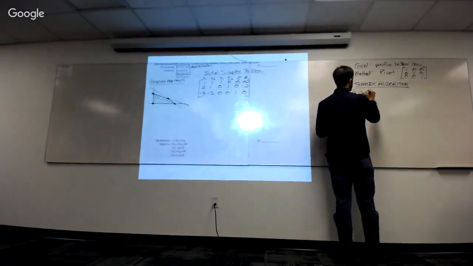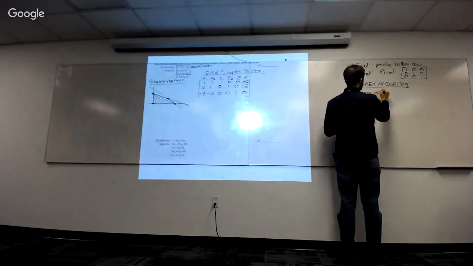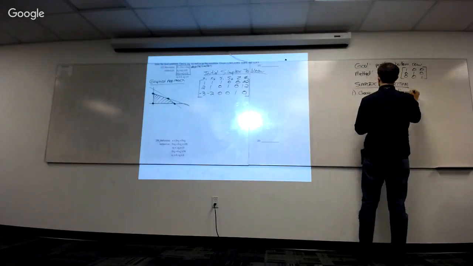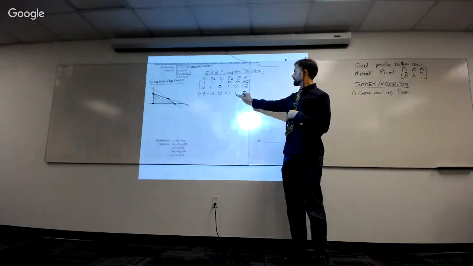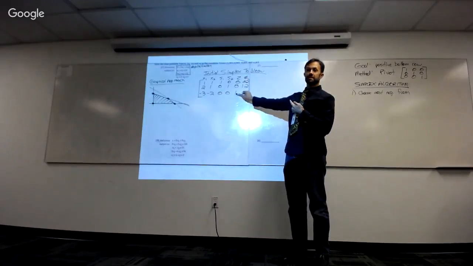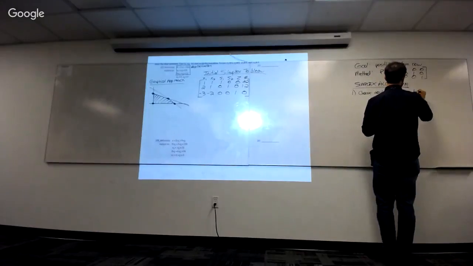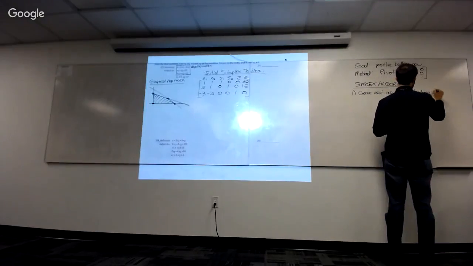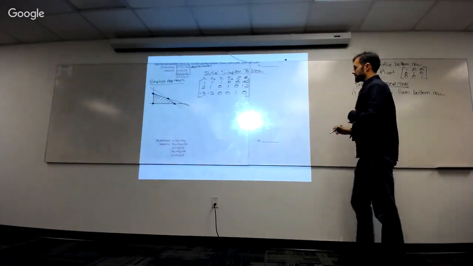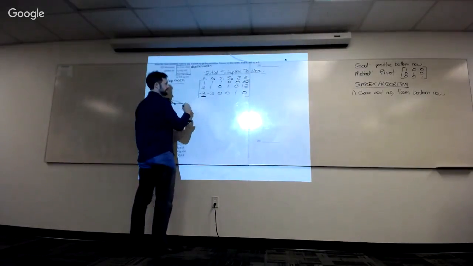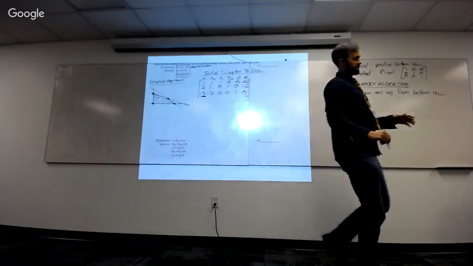And after all, what is the bottom row representing? The bottom row was the objective function, really. So it's the most negative from the bottom row. Okay. And then once we choose that most negative number, that's telling us the column where our pivot is going to be.